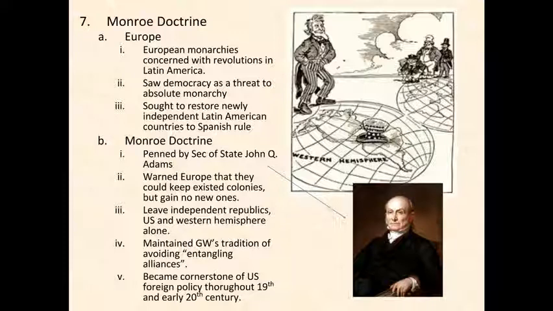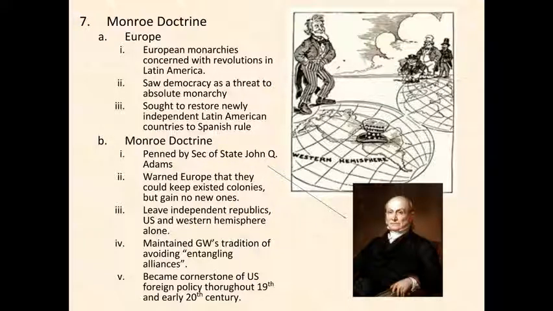So if these people started to spread the idea that they should elect their own leaders and get rid of these monarchs, they saw democracy as a threat to their absolute rule. So they really sought to restore newly independent Latin American countries to Spanish rule. They really wanted to restore their control of these newly independent countries that were trying to revolt against the Spanish monarchy.